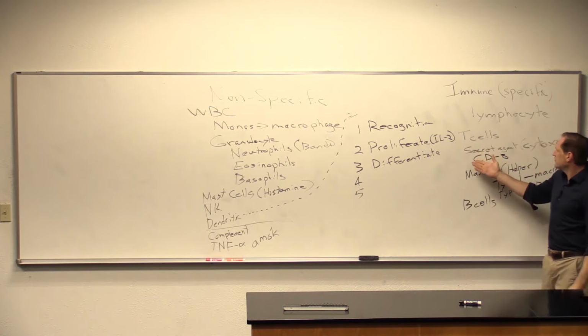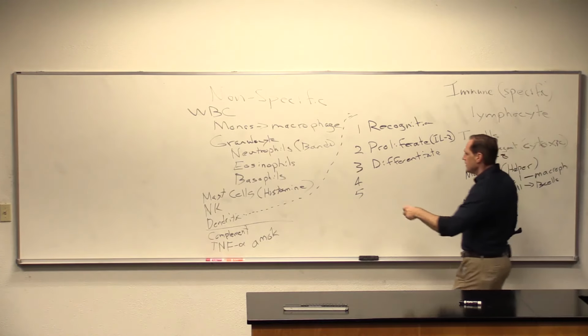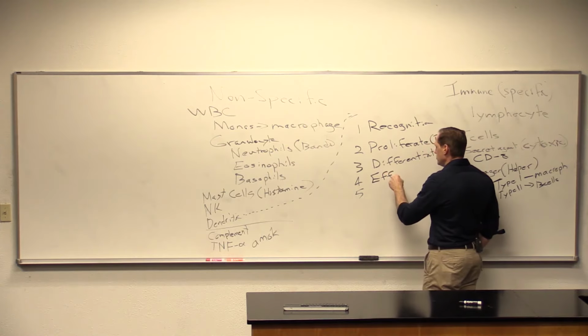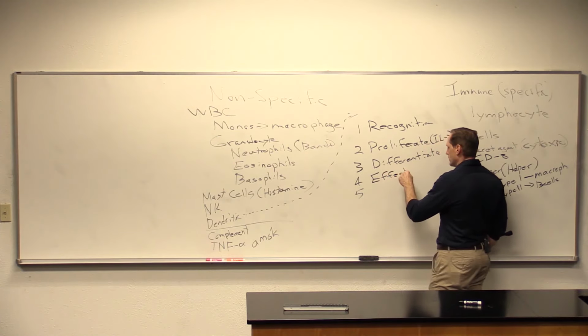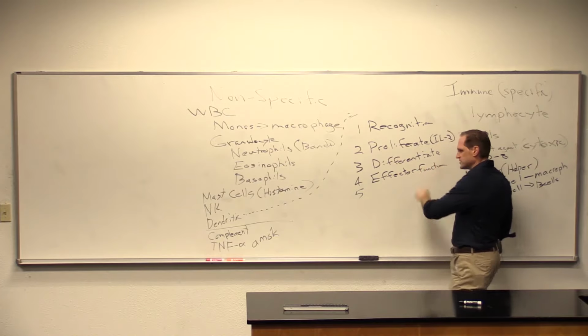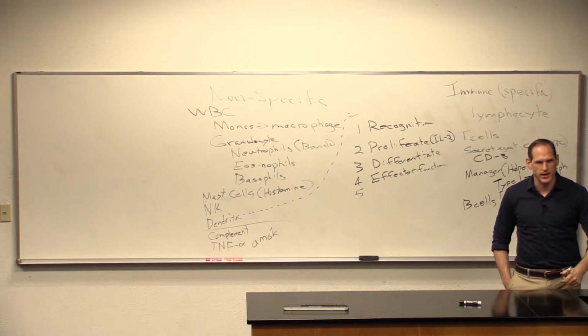It becomes a fully developed secret agent or manager. It'll also make the choice to become a type 1 or a type 2 if it's a manager. Then the last step is what's known as effector function, or immune action. If it's a secret agent, it's going to go out and secret agent. And if it's a manager, it's going to go out and manage its little heart out.